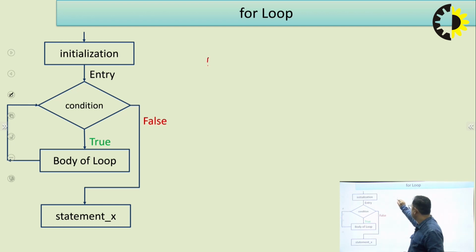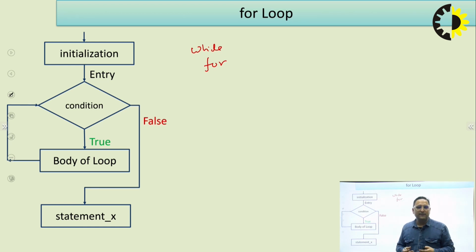Of course, it starts with a keyword for, whereas that starts with a keyword while, right? Condition is checked. I'll come to how, but that's the major difference between the while and for loop, that the syntax is different and the problems they are solving are different.